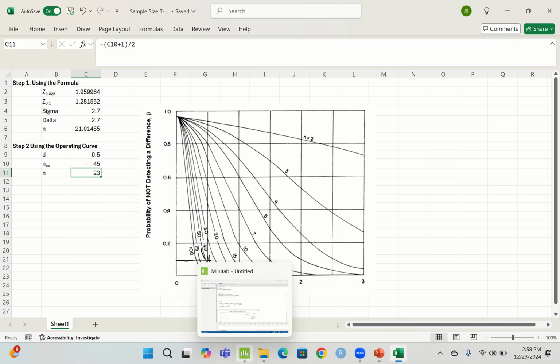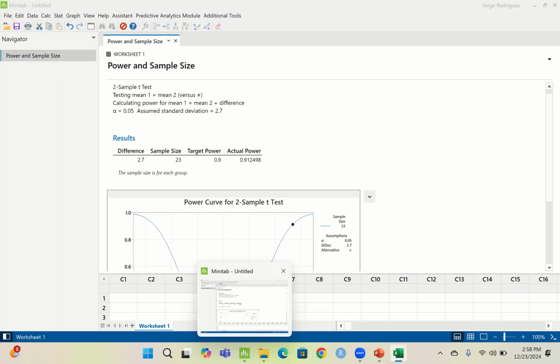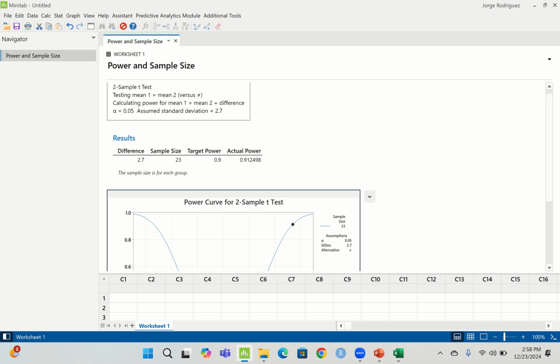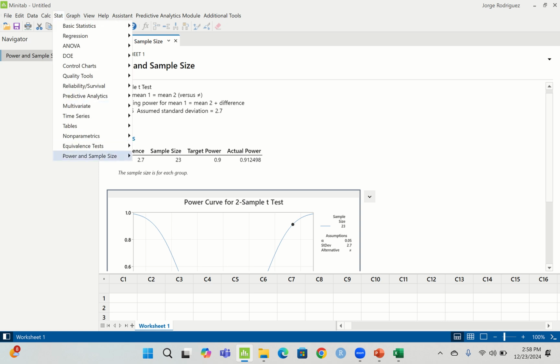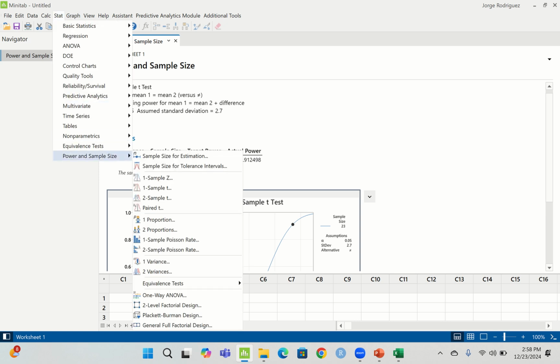The third method, if you have a statistical software, here I have an example of using Minitab to retrieve this. You can see it shows the sample size to also be 23 if you want to calculate a difference of 2.7. So the way you set this up in Minitab, you will go to the Stat menu, Power and Sample Size.